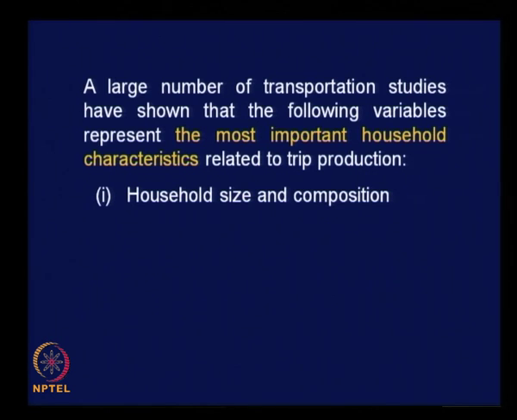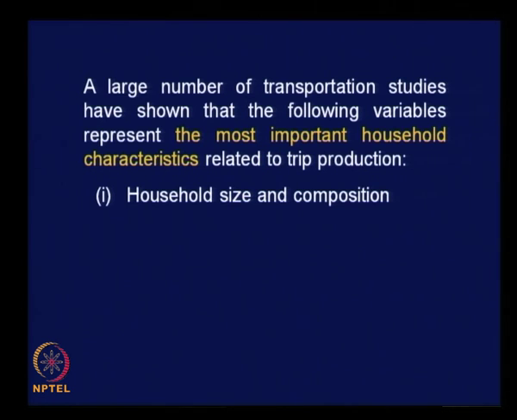And composition of household. What do you understand by composition of household? You may have 6 persons in a household. The composition could be different when you consider 2 households of the same size, 6 individuals.